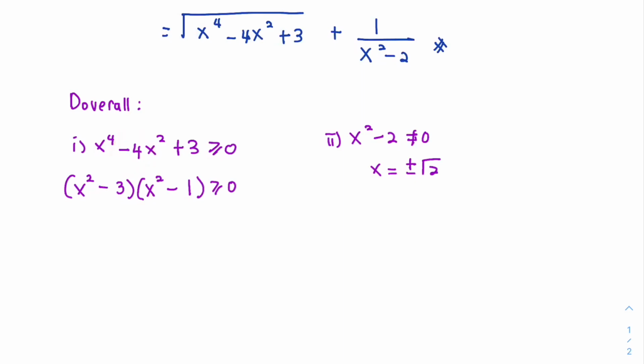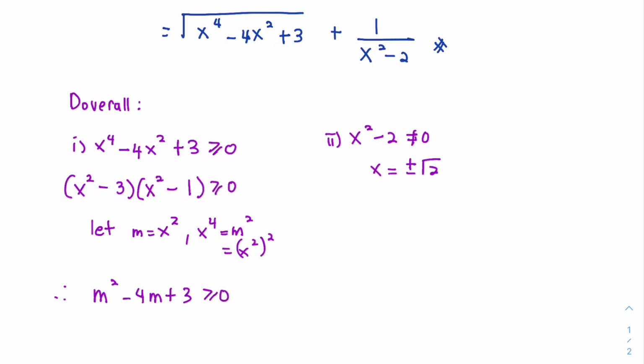If you don't know, you can always let m equal x squared. So x to the power 4 becomes m squared. Then you have m squared minus 4m plus 3 greater than or equal to 0, which gives the same thing: (x squared minus 3)(x squared minus 1) greater than or equal to 0. So this is one thing you can do, but I can just simply factorize.